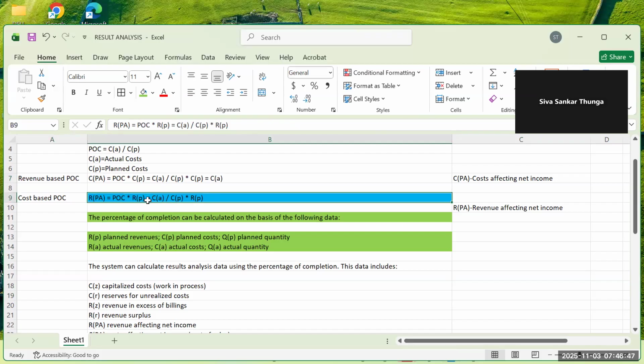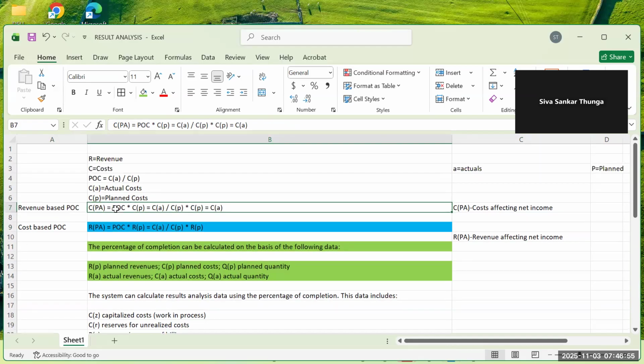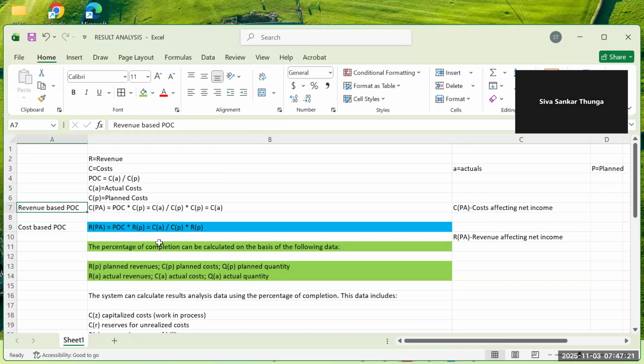So to calculate the POC, I need either the actual cost or planned cost, or actual cost divided by planned cost multiplied by planned revenue. That means I need these minimum parameters. So here, this thing is cost affecting net income.